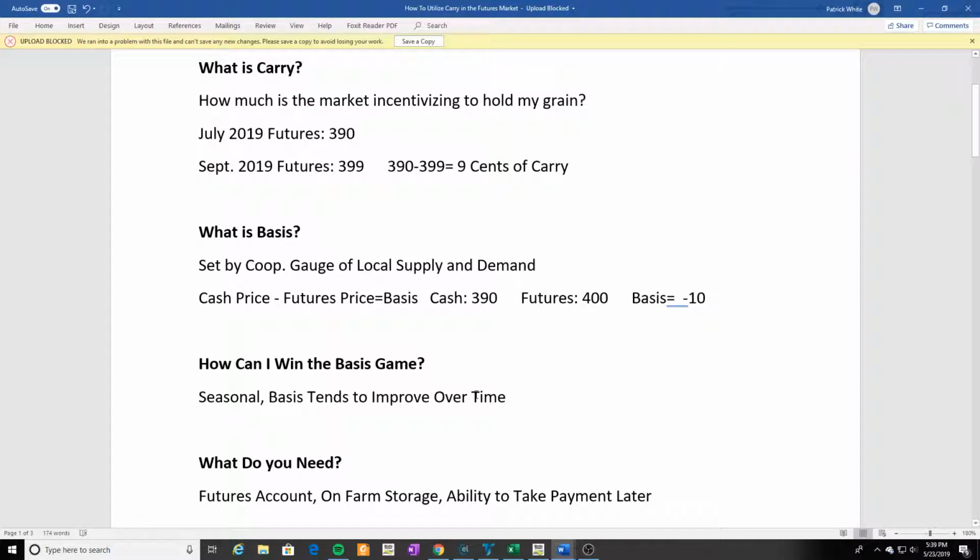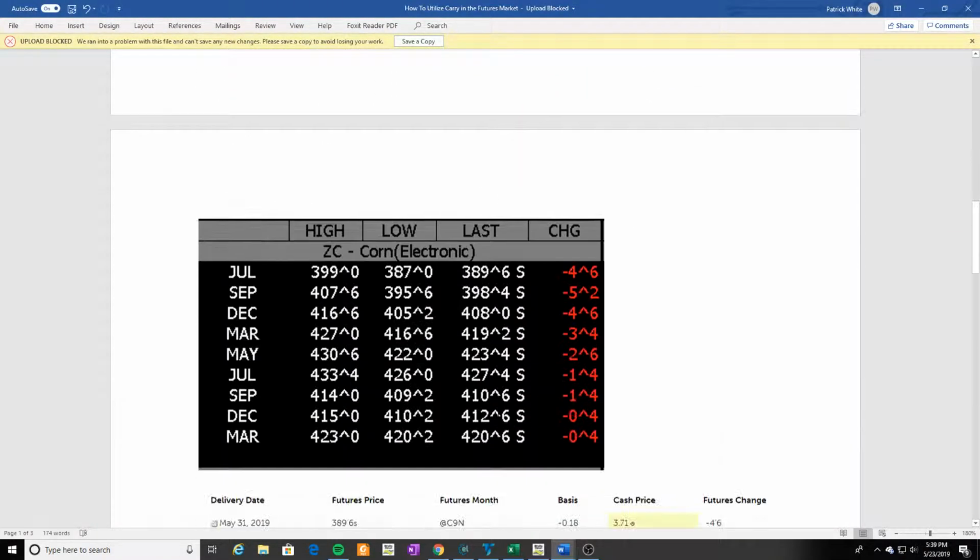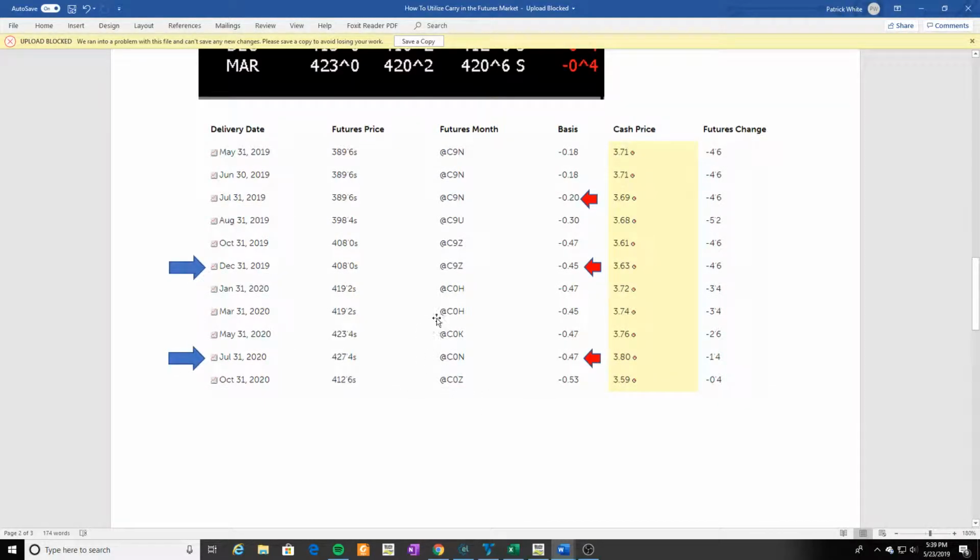What I mean by that is, if you look at the December delivery on corn here, and I can even show you that, that's 45 under, this is for the new crop. January is 47, March is 45, and you look at the old crop, it's at like 18 under for the spot price.